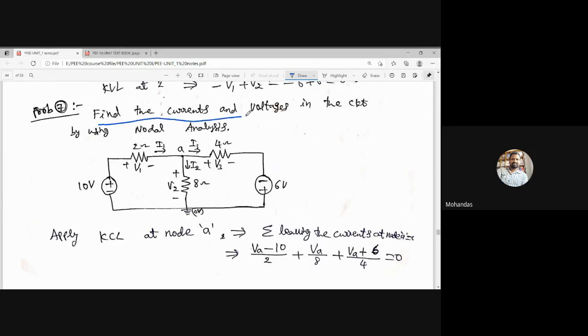Find the currents and voltages in the circuit by using nodal analysis. Note down the circuit, all of you. Meanwhile, I will also draw the circuit on the whiteboard. Please, all of you note down that problem.